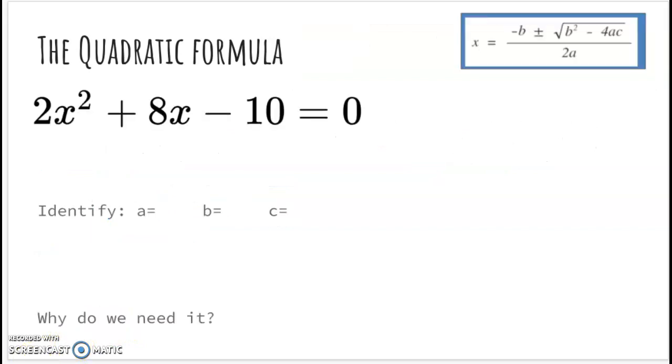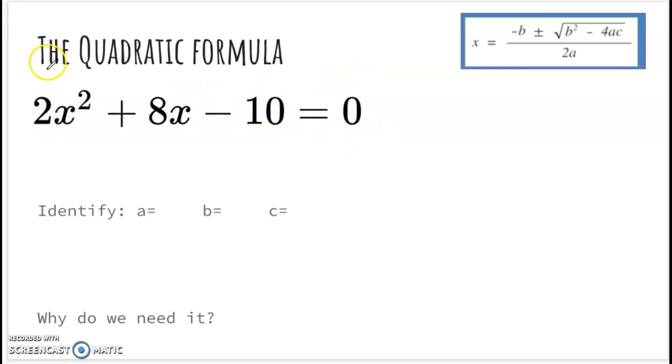So now let's talk about how you apply this formula to find your x values, your roots, your x-intercepts. First of all, you have to have your quadratic equation written in standard form, which we know has descending exponents set equal to 0.